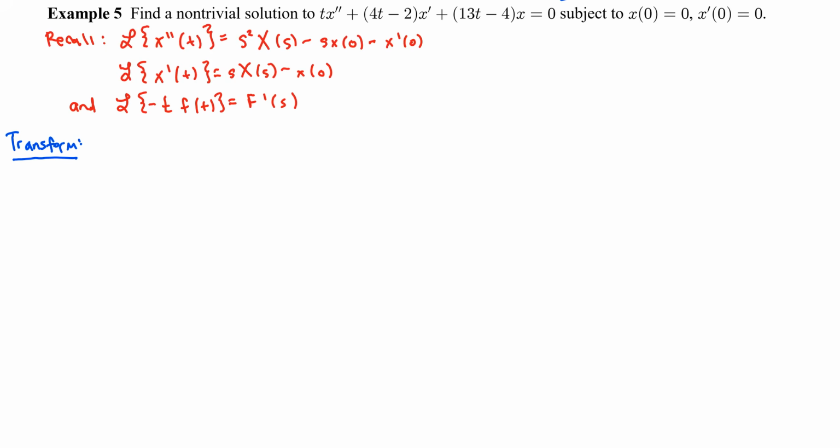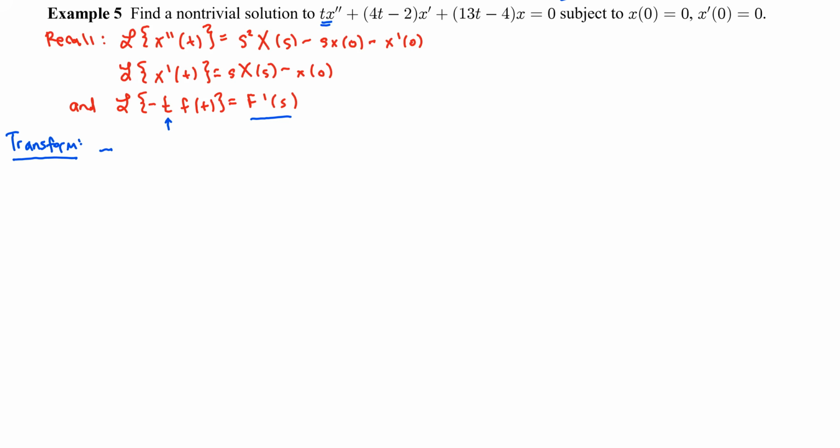So I'm going to start with the Laplace transform of t x double prime. First of all, notice I am multiplying by t. If I multiply a function by t, then I'm going to find the first derivative of its transform. And in particular, this term is multiplied by positive t, so I'm going to transfer that negative to the other side of the transform.